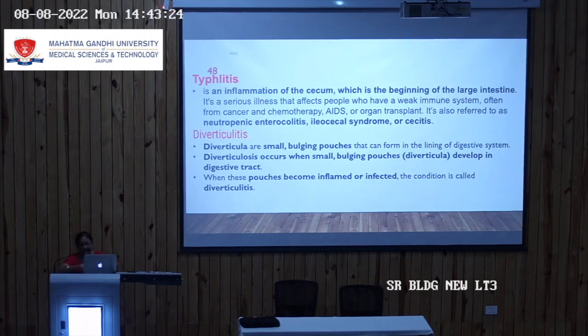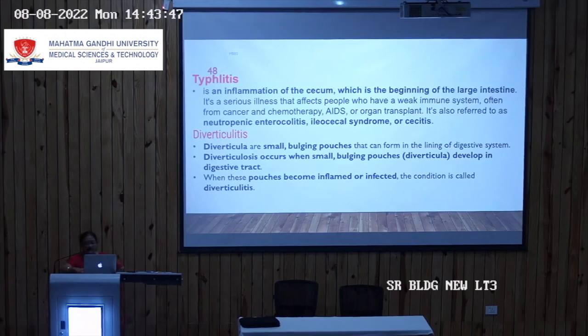Then this part is generally affected. It is also referred to as neutropenic enterocolitis or ileocecal syndrome or typhlitis. This is different from cystitis, which refers to the infection of the bladder, the urinary bladder.